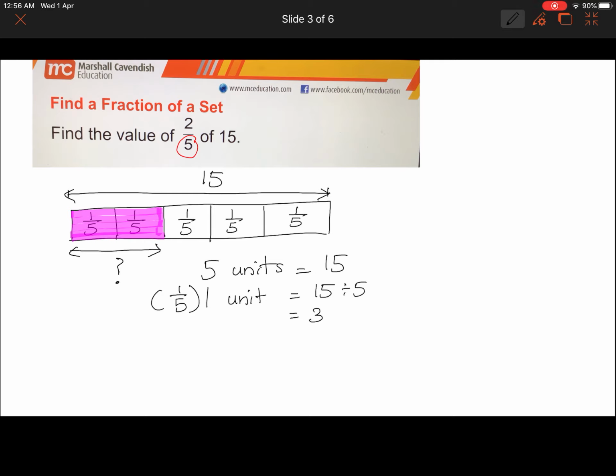So the number of units that are shaded in the model are 2 units. So 2 units equals to 3 times 2, and this will give me 6. So 2/5 of 15 is 6.